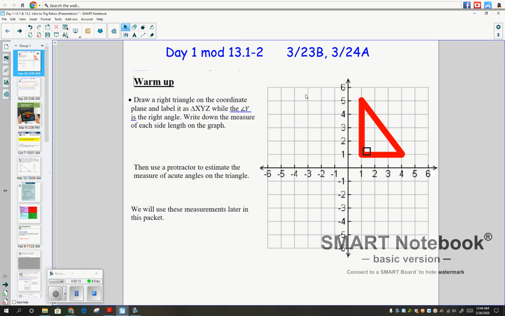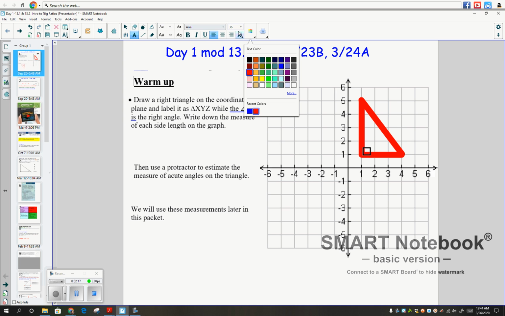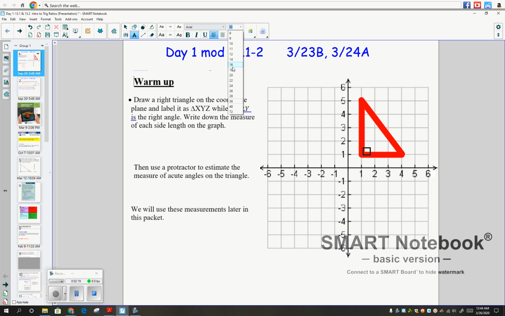And I want to label it X, Y, Z. I want angle Y here to be my right angle. Put angle X here at the top, and angle Z down here at the bottom.